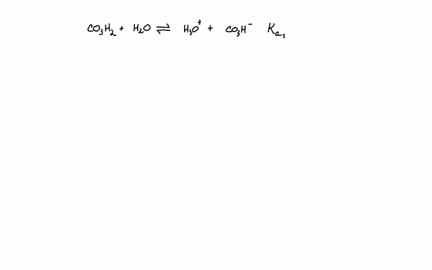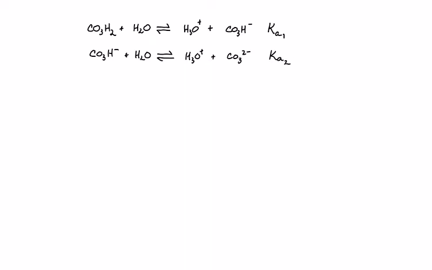But just like we saw with sulfuric acid, that second proton can come off, again yielding hydronium ion and carbonate. And that can be described with a Ka value as well.